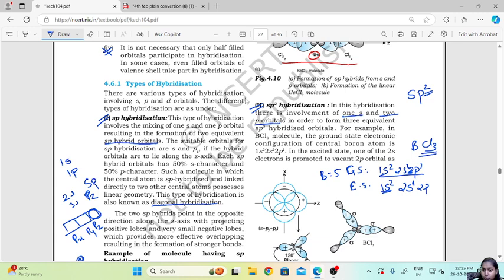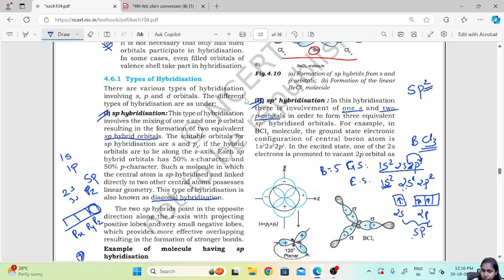One electron from 2s will be transferred to 2p, making it 2s1 and 2p2. If I draw an orbital structure, there will be one electron in the 2s orbital and two electrons in the 2p orbitals. So this gives rise to sp2 hybridization. One s orbital and two p orbitals are involved.